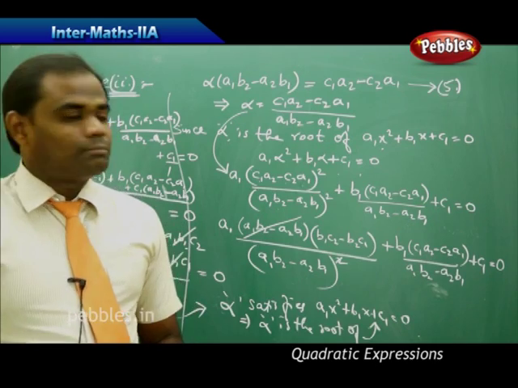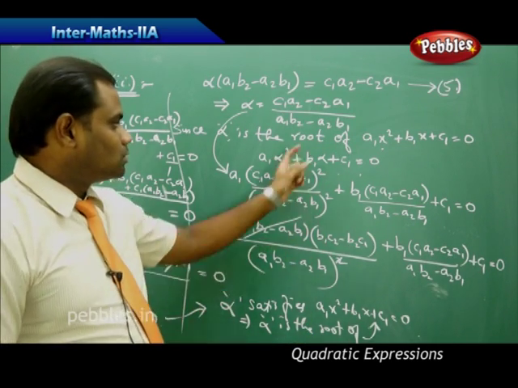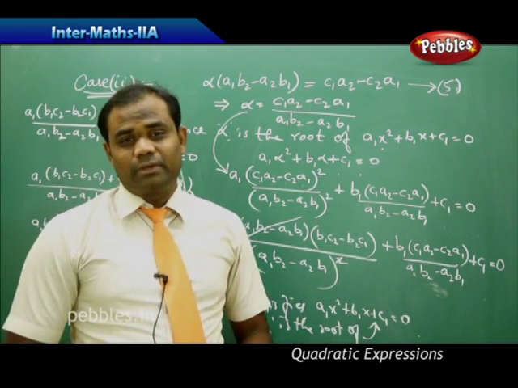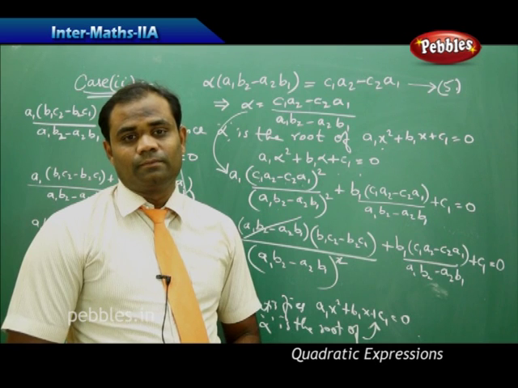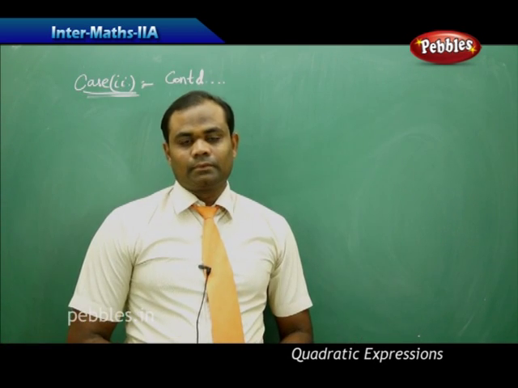Similarly, proceeding in the similar manner, I can prove that alpha is also the root of the other quadratic equation, which is a2x squared plus b2x plus c2 equal to 0. And then finally, alpha is the common root.